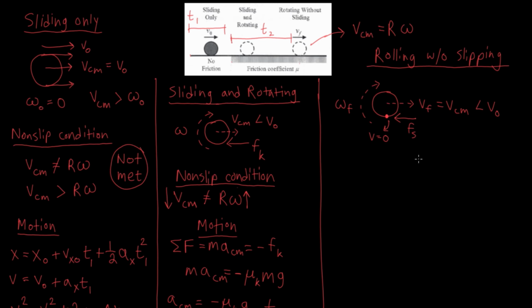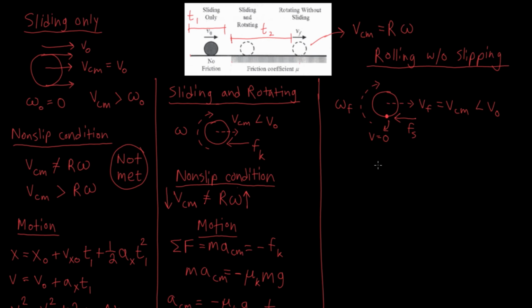And the reason why it's static friction is because, remember, I said earlier that the point of contact between the object and the surface is instantaneously at rest. So the velocity of the dot shown at the bottom is 0 instantaneously. And so since that part is at rest, the force is going to be static friction, not kinetic friction.